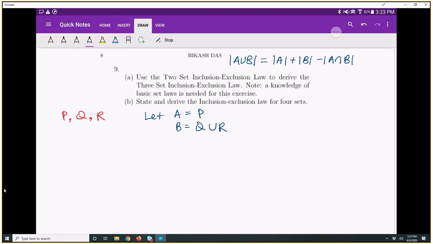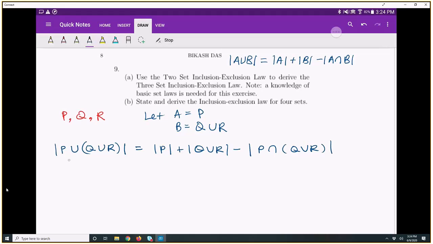So that tells me that P union Q union R, if I think of this as A union B, then that should be equal to the cardinality of P plus the cardinality of Q union R minus the cardinality of, let's say, P intersected with Q union R.